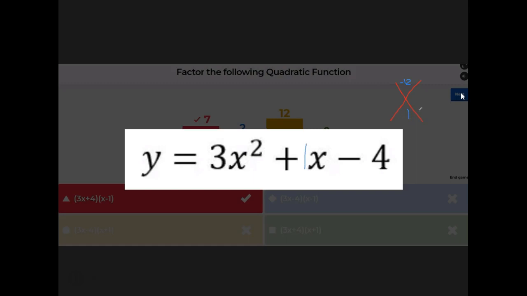So you needed 2 factors that multiplied to negative 12 and added to positive 1. Since the top is negative and the bottom positive, I have mixed factors. So if you want a positive bottom, you're going to pick a negative 3 and a positive 4.